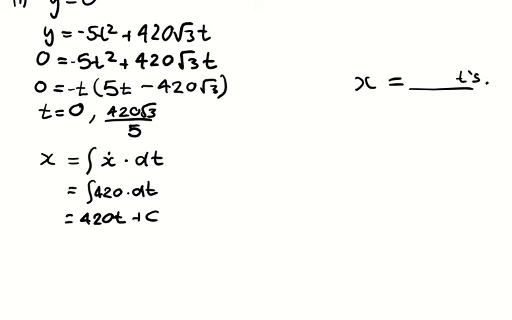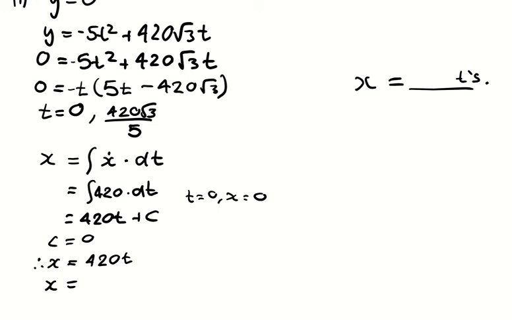Now, at time is 0, x is 0, because it's starting at the origin. It doesn't tell me otherwise. So c is going to be 0, so therefore the x is just going to be 420t plus 0, or just 420t. Now I just sub in my time.